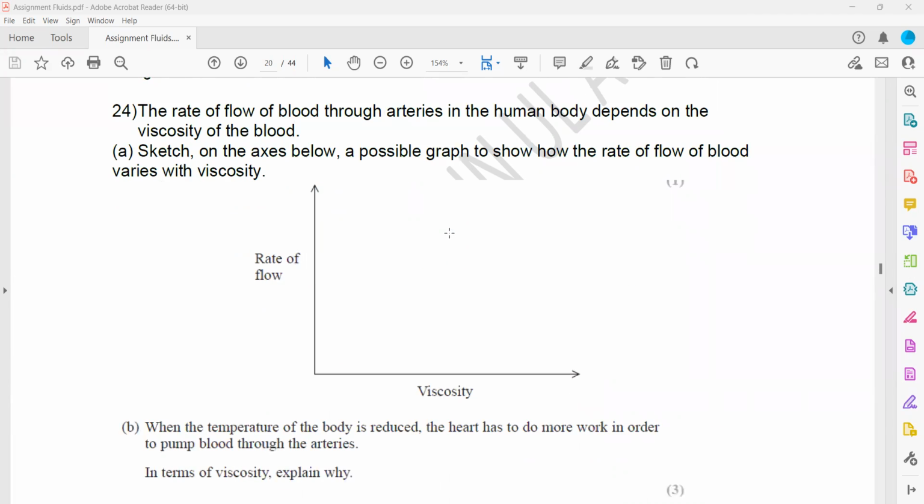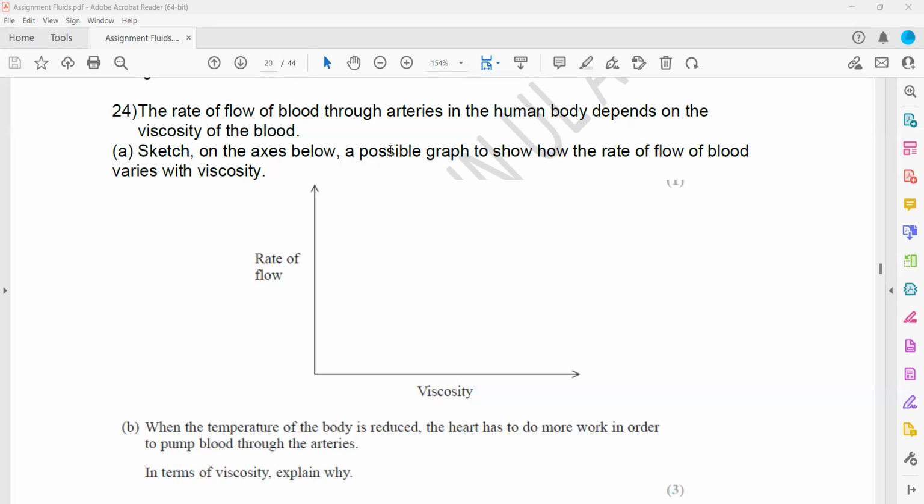The rate of flow of blood through the arteries in the human body depends on the viscosity of the blood. Sketch on the axes below the possible graph to show how the rate of flow of blood varies with viscosity. Like how the variation happens, how the blood will flow. As the viscosity increases, the rate of flow will decrease.